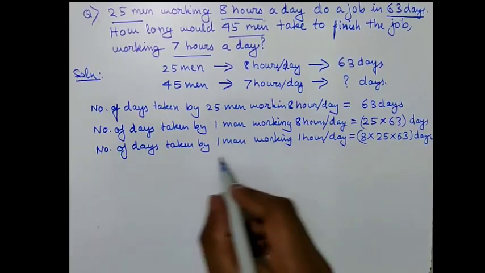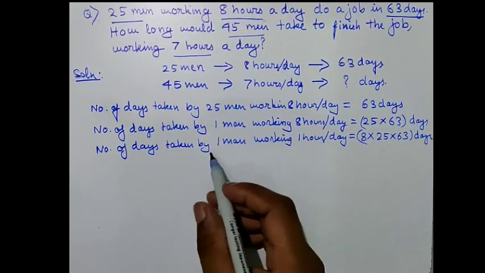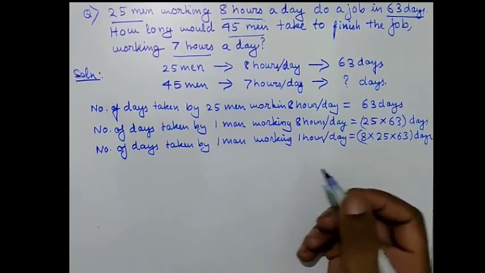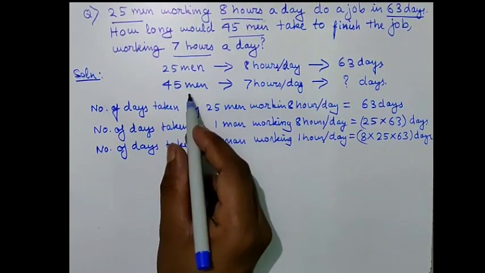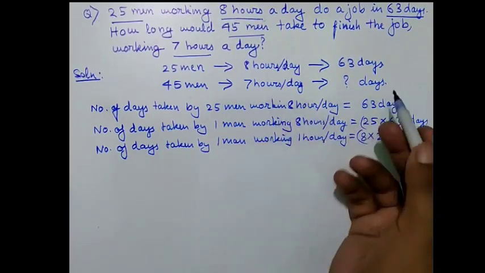Now once we have found the value of 1 unit, we'll be able to find 45 men working 7 hours will work in how many days.